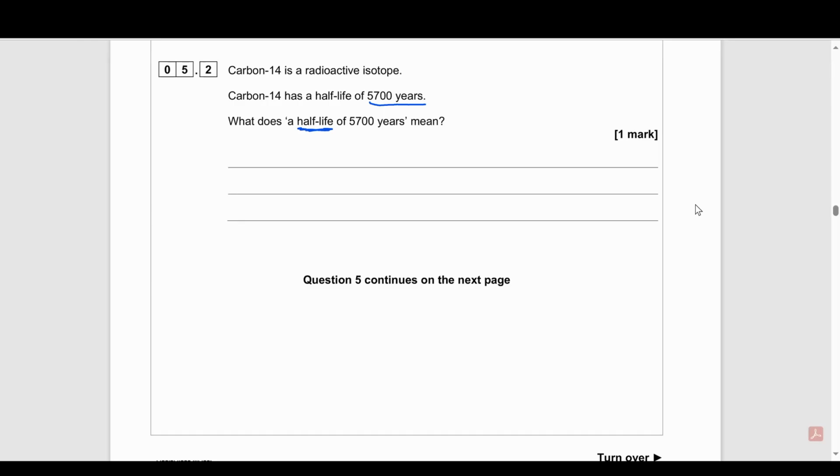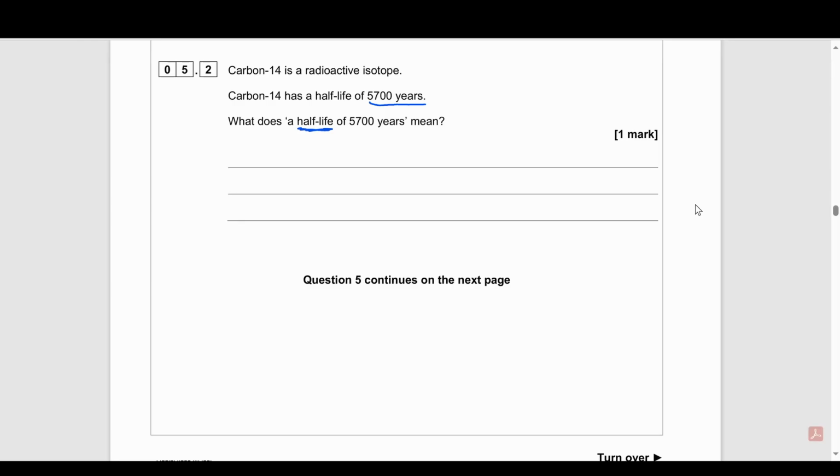So the definition of half-life is the time it takes for the radioactive nuclei in a sample to halve. So in this case, it takes 5,700 years for the radioactive nuclei in carbon-14 to halve.